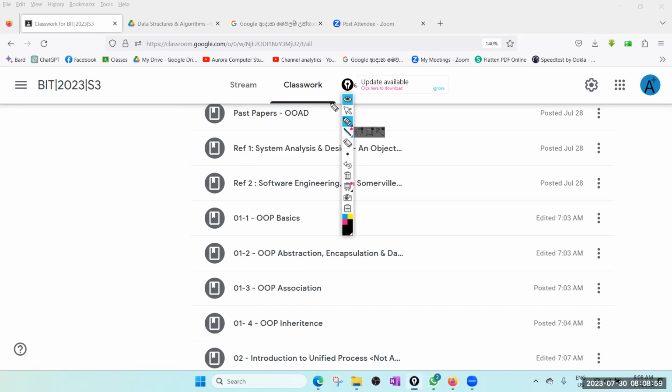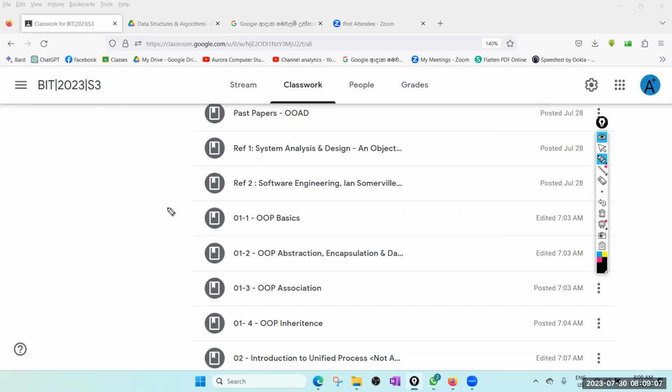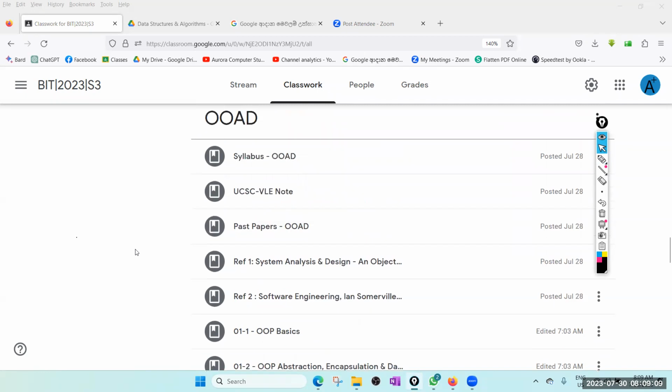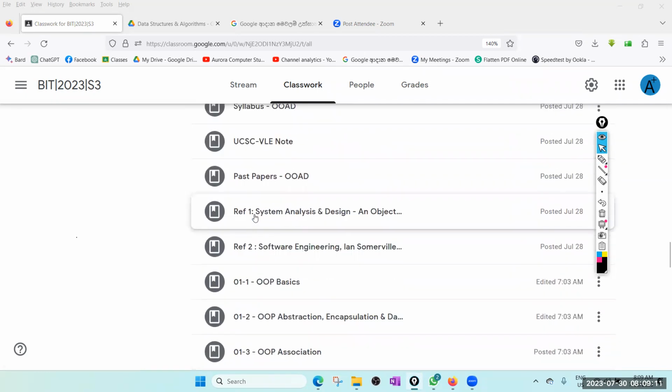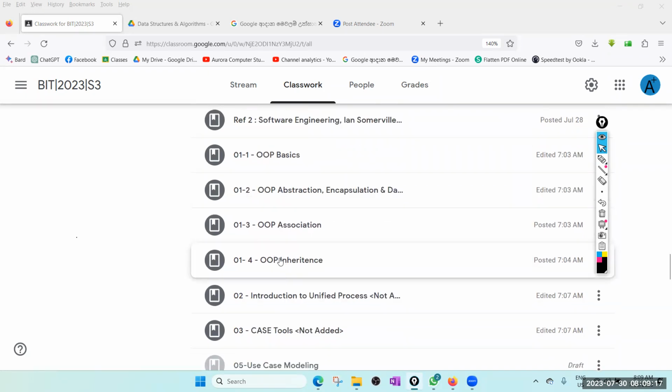Right. So the notes for today's session are available here under object-oriented analysis and design. So we will be going through OOP basics, abstraction, encapsulation, association, inheritance. Okay.